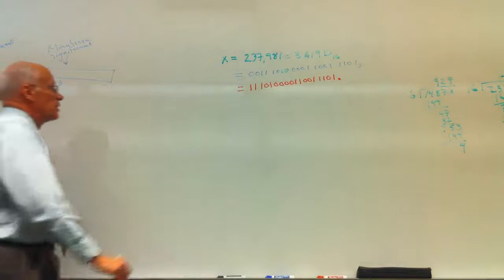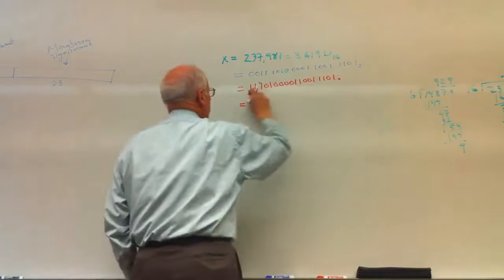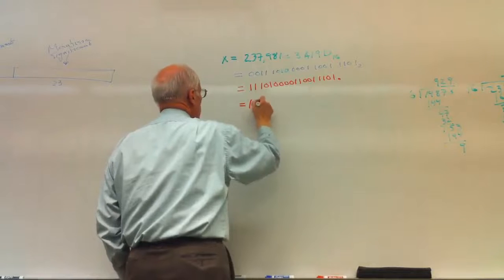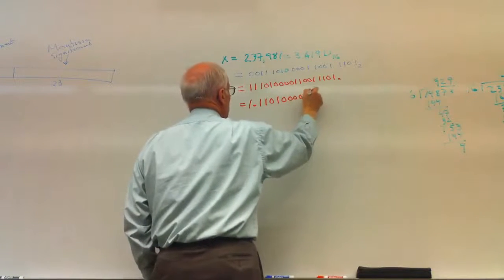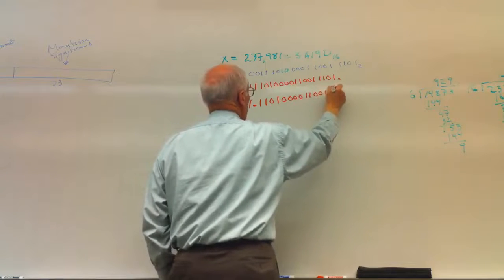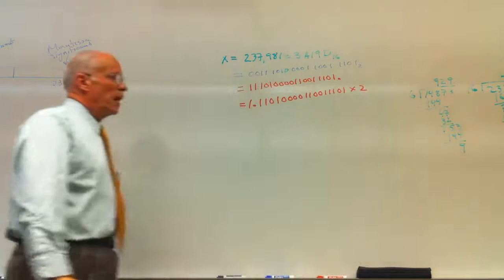Decimal refers to base 10. Now, we normalize the thing, that is, we get that point over here, so it's 1.1101 0000 11001101 times 2 to some power.